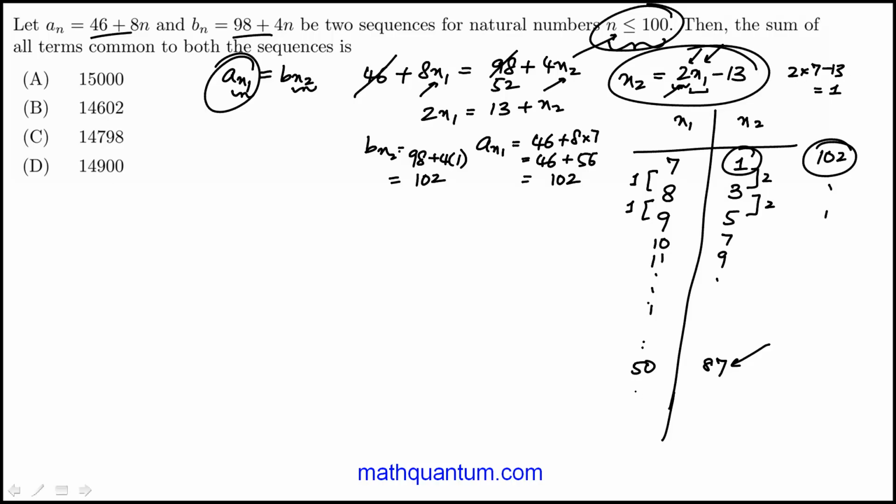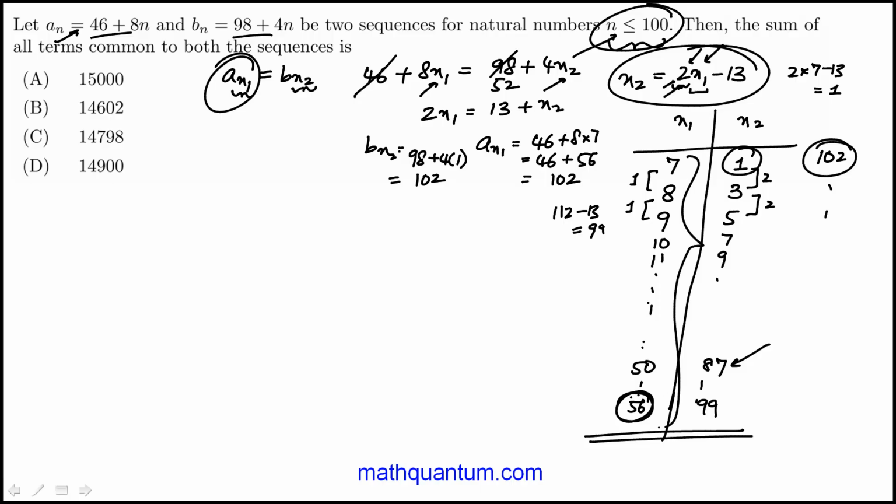So if I go to 56, double that, that would be 112 minus 13 is 99. So that's as far as I'll go. So this value of n1 would give us the highest value of the sequence for this first one, the a sub n.